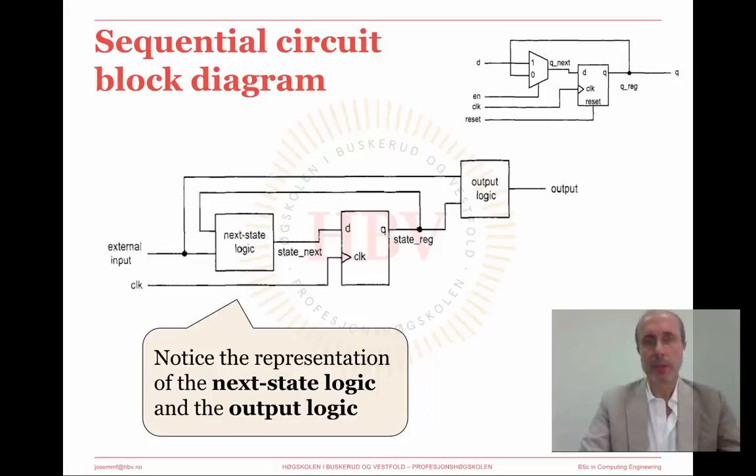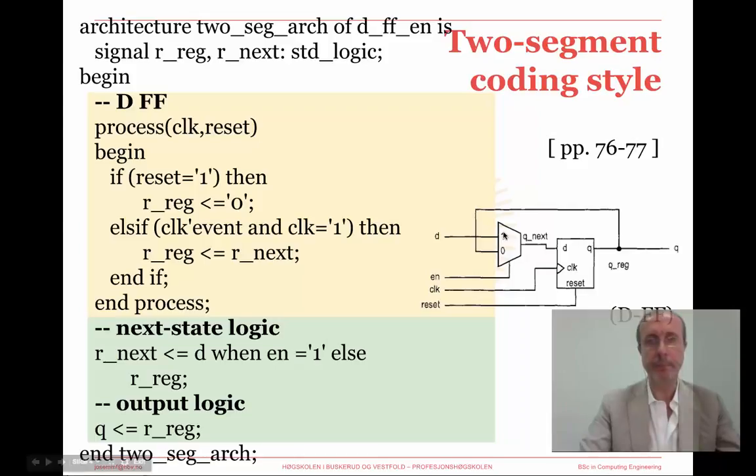The combinational logic blocks generate the next state values, as you see here, and also the external outputs. This design style separating the register section and the combinational blocks section is what is called the two-segment coding, and we will follow this style in our course.